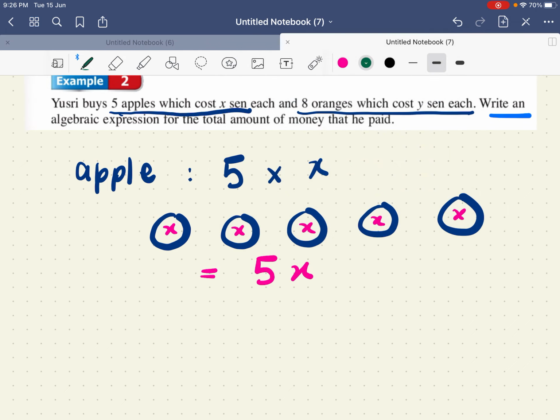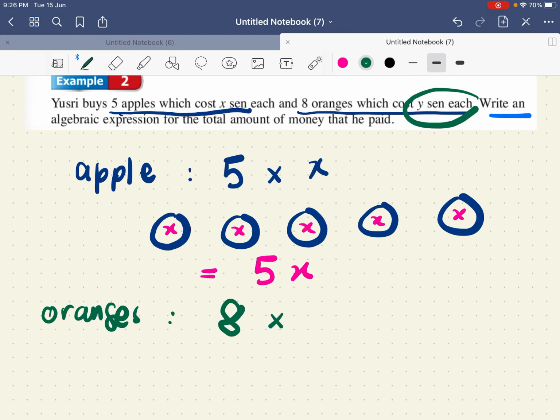And now we have orange. Okay, buah oren. Orange, Yusri beli 8. Harga setiap orange adalah Y sen.